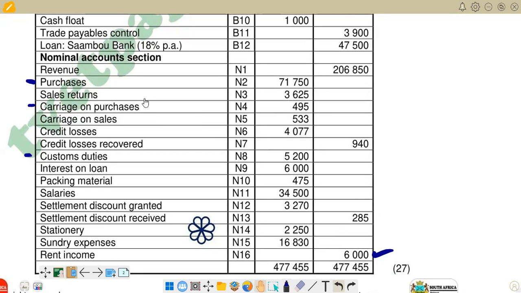Remember, we have carriage on purchase and carriage on sales. Carriage on purchase, we said we are supposed to adjust in the trading account or under the calculation of cost of sales, and we have already included this one. But carriage on sales goes under the operating expenses. So we are saying carriage on sales 533. So we're going to put that one, carriage on sales 533.